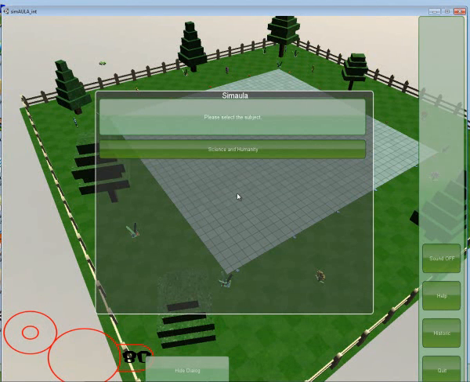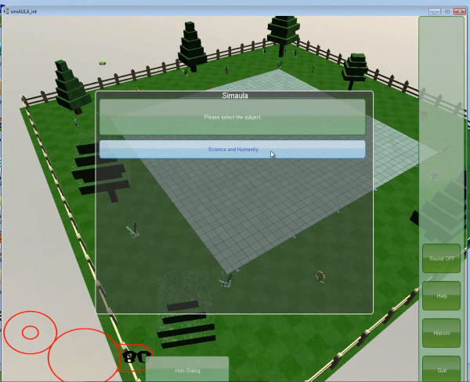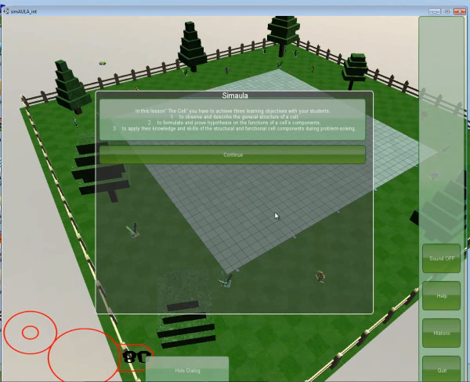Phase 1. Configuring our classroom. Following, we choose the curriculum, which will be only one by now: Science and Humanity. Next step, we choose the topic, the cell, in our case. At this point of the game, we have to select one of the 3 types of classroom offered in simaula.